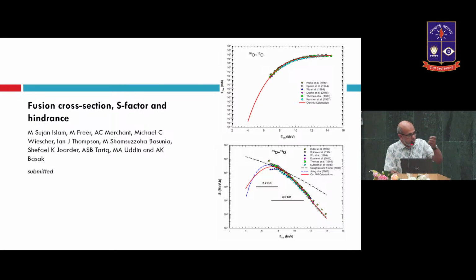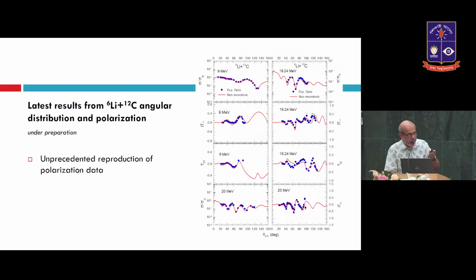This is another work, not even submitted yet, work in progress, but another polarization curve, which is actually very impressive. If you look at the fits in the literature, they are absolutely nowhere near this. So this is the series of work that has led to this.